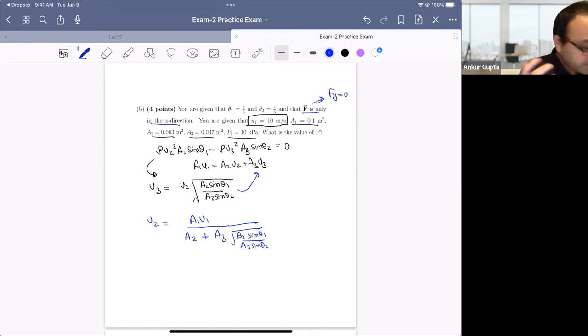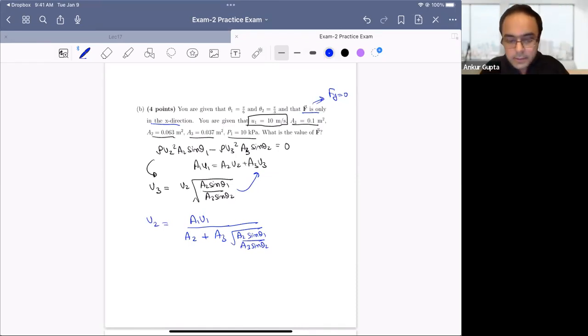Sine of pi by 6 is half, so 0.5, by A3, 0.037, into square root of 3 by 2, which is sine 60. And so this U2 comes out to be almost 10. So this comes out to be 10 meters per second.